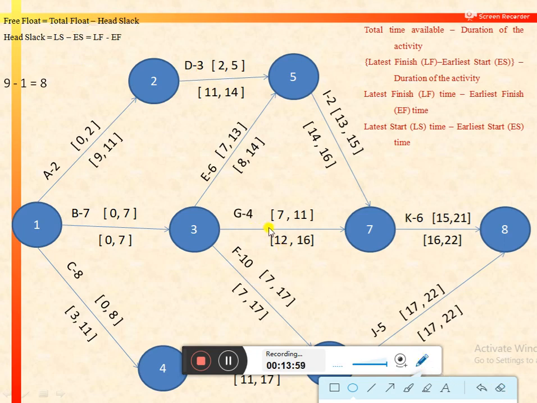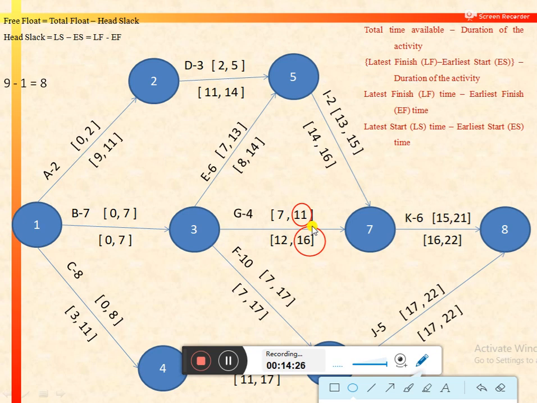Suppose we take activity G. The total float is 5 days, which we can calculate by finding the difference between latest finish and earliest finish, or the difference between latest start and earliest start. So 16 minus 11 is equal to 5.